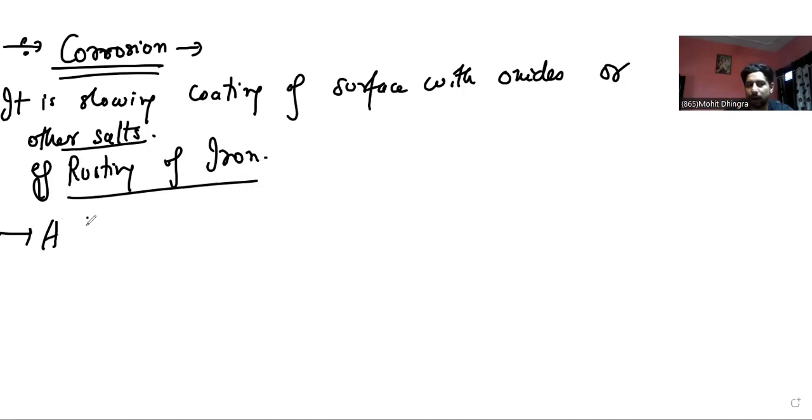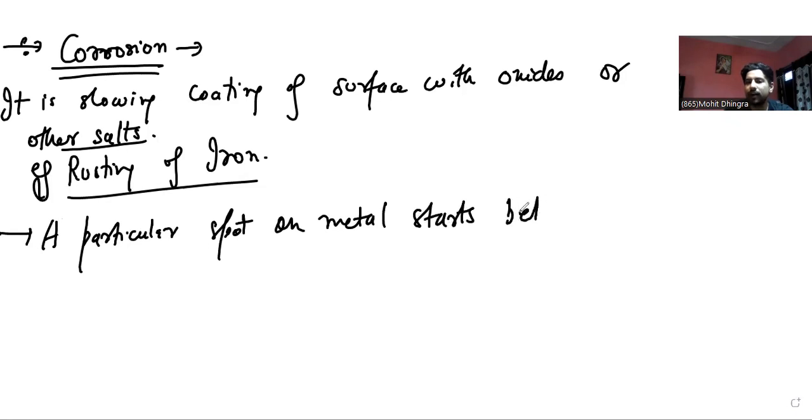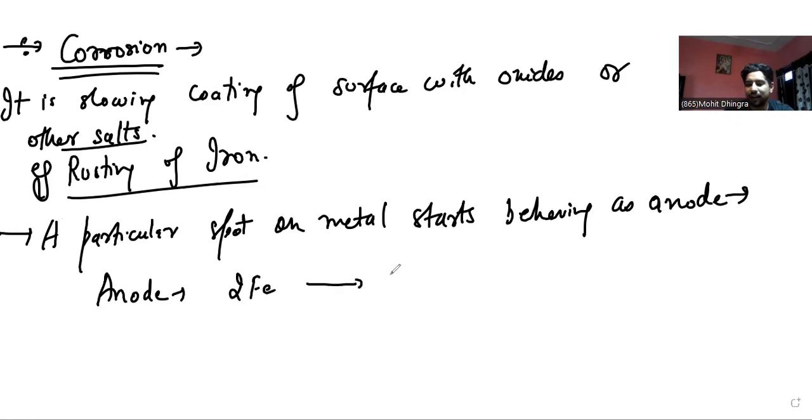Then, at that anode, the iron is getting oxidized. That iron atom is getting oxidized.